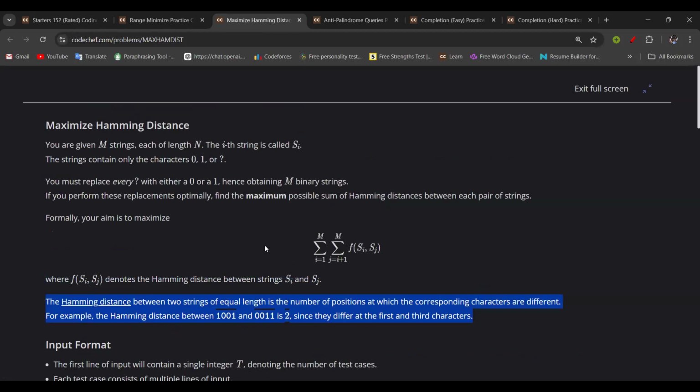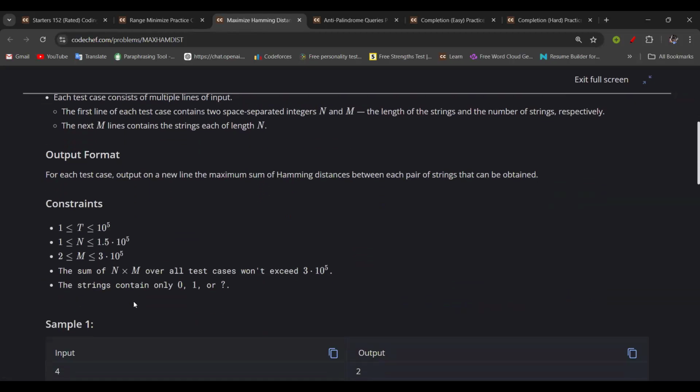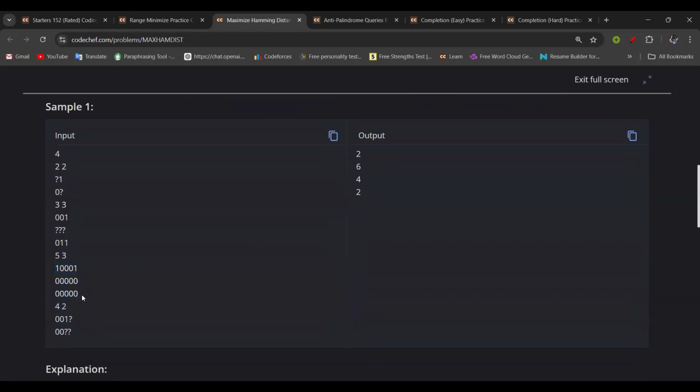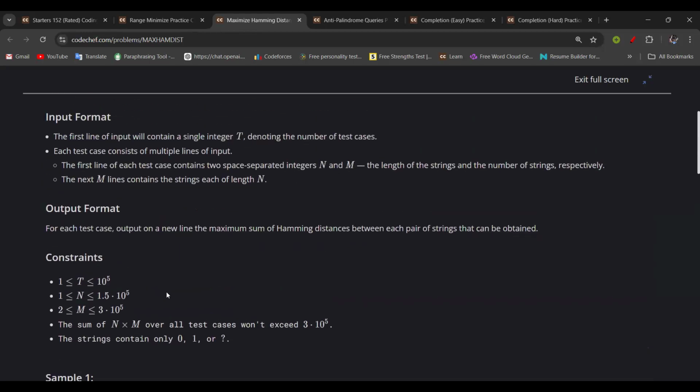Now, you are given m strings. Let's suppose you are given these three strings. There would be some question marks in the strings. You need to replace these question marks by either a 0 or a 1, such that after replacement, for the final m binary strings that you get, you take the sum of Hamming distances between each pair of strings.